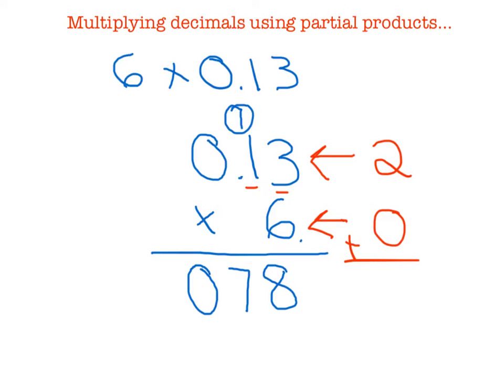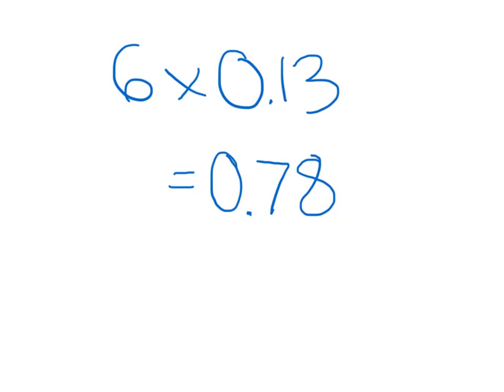Altogether, we should have 2 numbers that come after the decimal point in our final answer. 1, 2. So our decimal point goes right here. This means that 6 times 13 hundredths equals 78 hundredths.